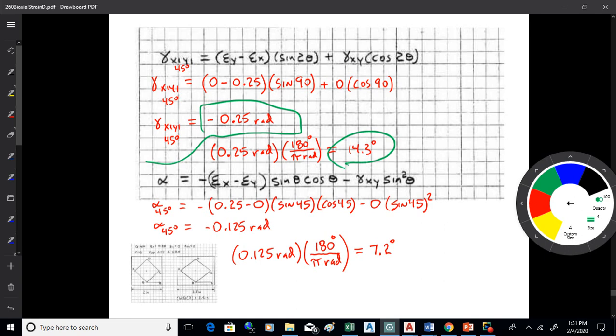Now alpha comes out to be half that, negative 0.125, so that's 7.2 degrees. So I would expect that original angle ABC should change by 14.3 degrees. It's a negative, so that means that original 90-degree angle should get bigger. It should be about 90 plus 14.3, so I'd expect 104.3.